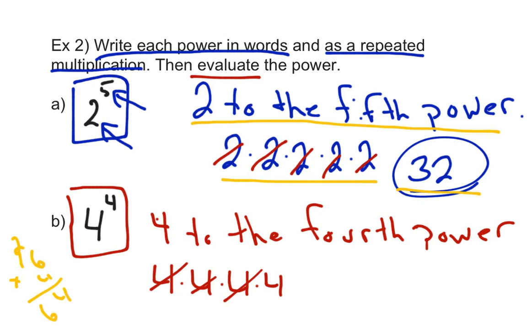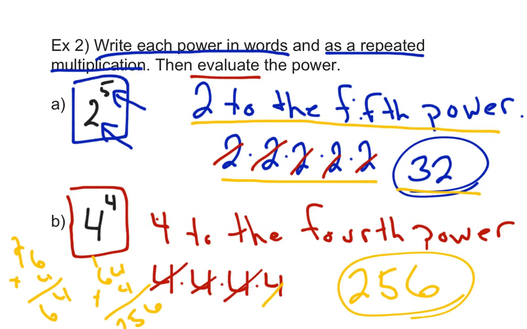But then I have one more 4 left here, so now I have to do 64 times 4. And don't be embarrassed to write it out. 4 times 4 is 16. 4 times 6 is 24, plus 1 is 25. So we get a final answer here of 256 when we evaluate it.